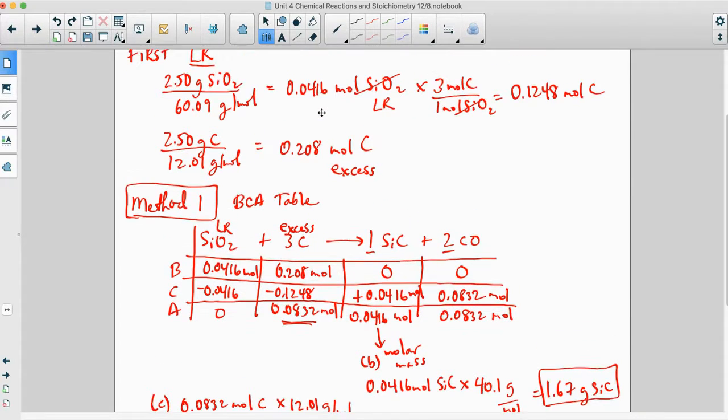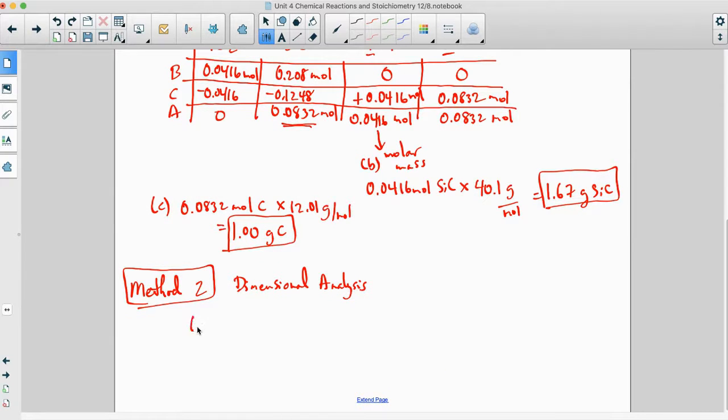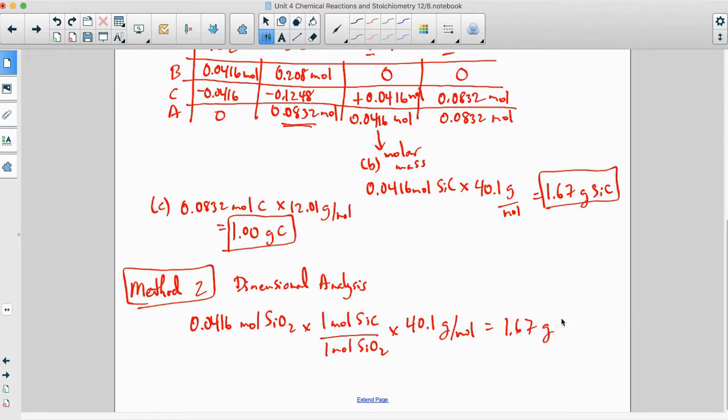Once I do that, I can take my 0.0416 moles of SiO2. I can use my mole ratio of 1 mole SiC for every 1 mole SiO2, and then multiply by 40.1 grams per mole. And I will get 1.67 grams of SiC.